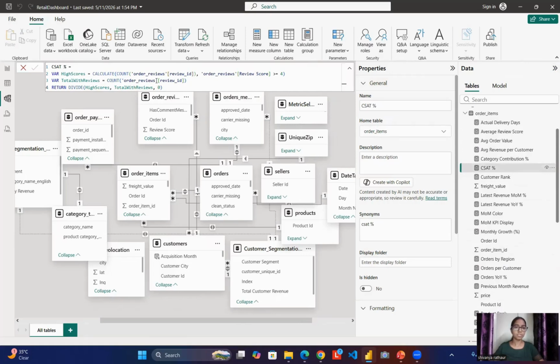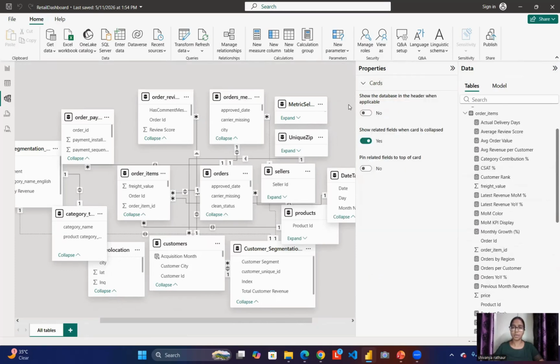This is a CSAT percentage measure. It calculates the percentage of 4-star and 5-star reviews out of the total reviews. This tells us how happy our customers are.